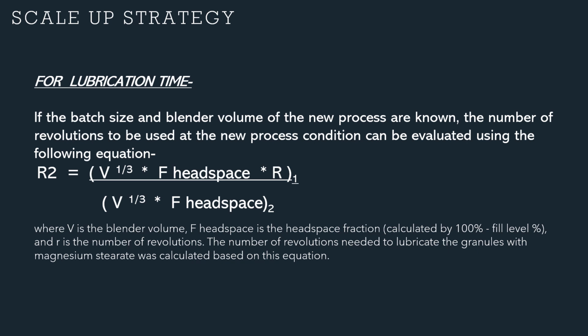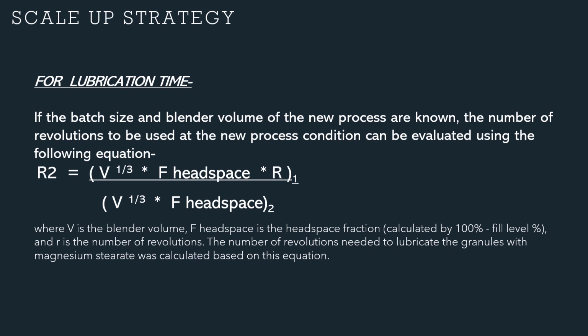So at the upside, the first is blender volume raised to the power 1 by 3, multiplied by the head space. Head space is nothing but the free space remaining. You can calculate it by 100% minus the occupancy of your batch size, means 100% minus blender fill level.